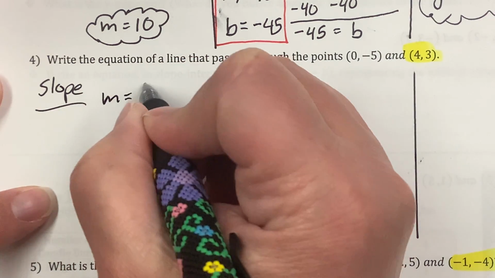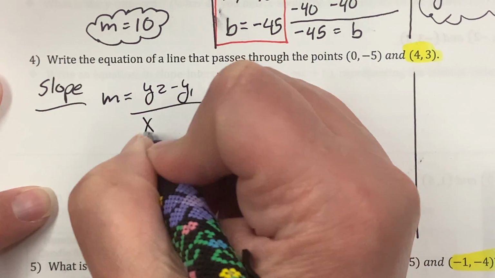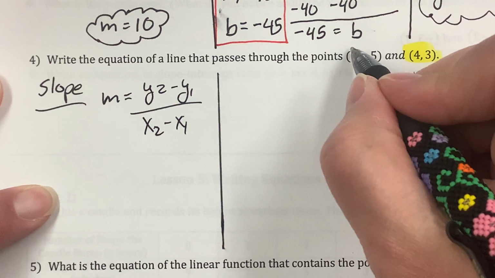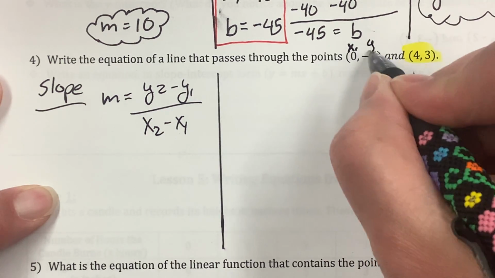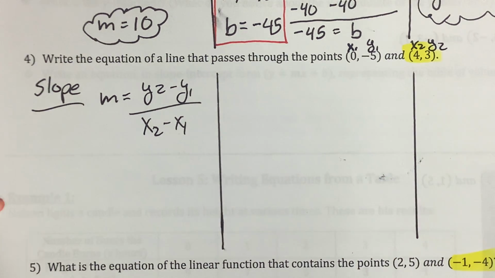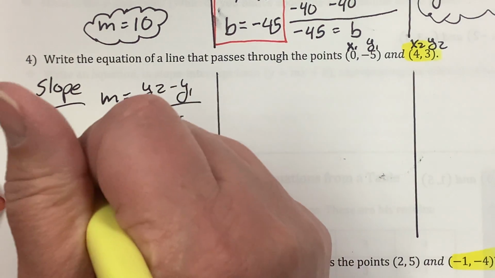M equals y2 minus y1 over x2 minus x1. And here I have x1, y1, x2, y2. Because I like things to be nice and neat, I'm going to keep highlighting, because, you know, highlighting works.